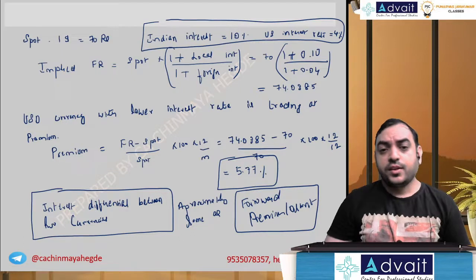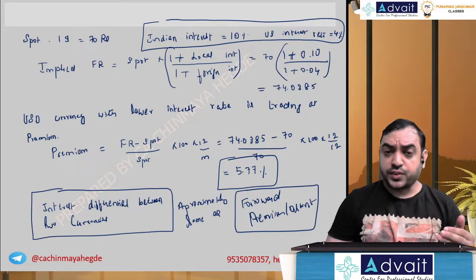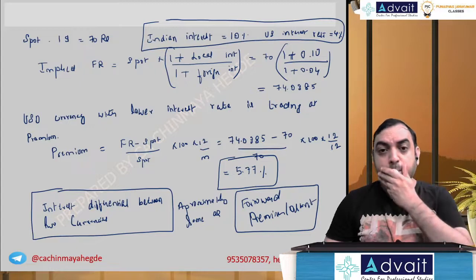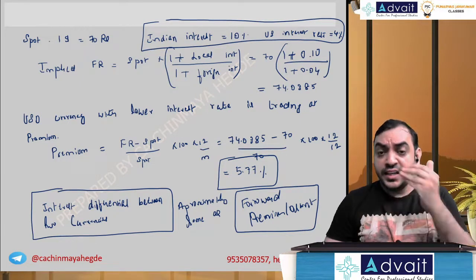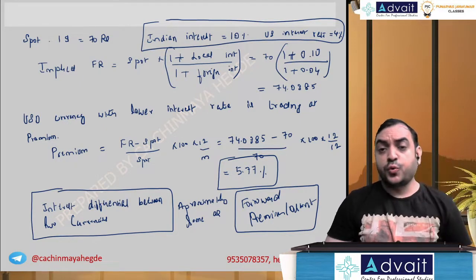Okay. Now, how does the arbitrage process work? The arbitrage process can be understood by identifying it from the implied forward rate, or from the point of view of which country is cheaper to borrow in and which country is better to invest in.